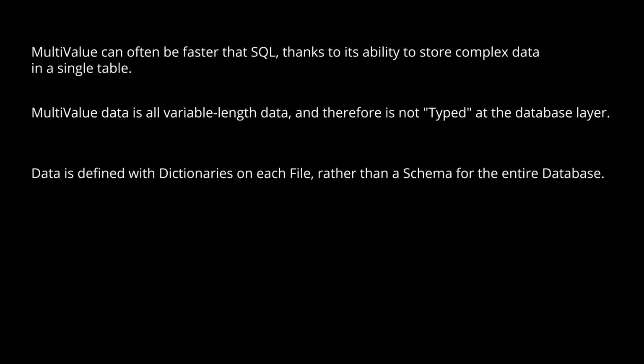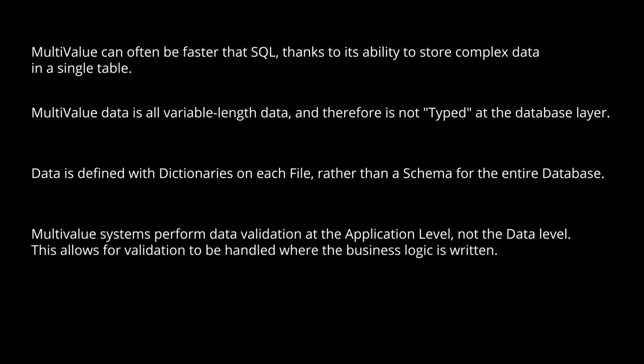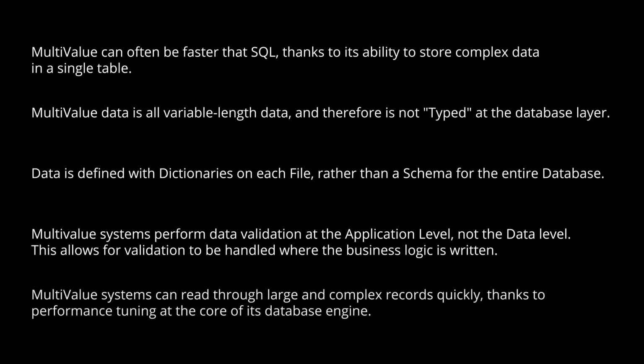While we touched on this topic here, we'll go into it further in another video. MultiValue systems perform data validation at the application level, not the data level. This allows for validation to be handled where the business logic is written. And finally, MultiValue systems can read large and complex records quickly thanks to performance tuning at the core of its database engine. These are just some of the differences of the MultiValue model over the SQL model.